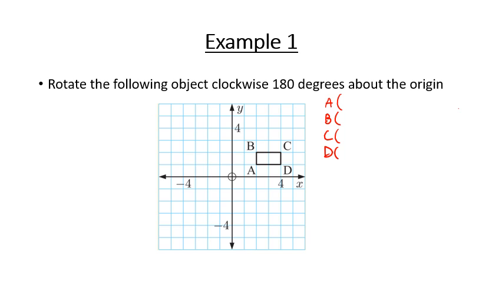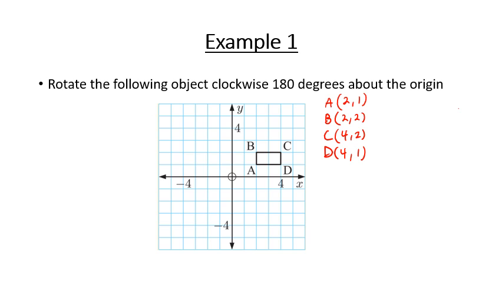So A is going to be 2, 1, B is going to be 2, 2, C is going to be 4, 2, and D is going to be 4, 1.